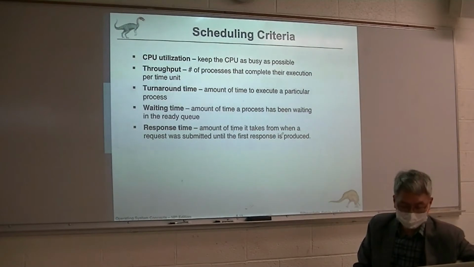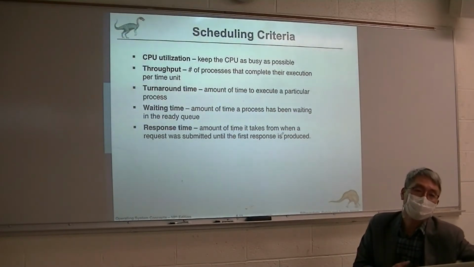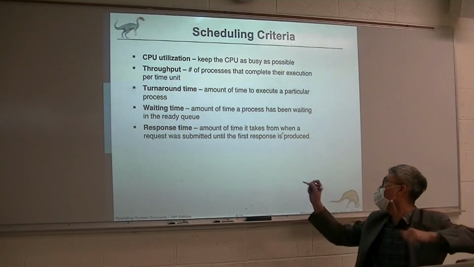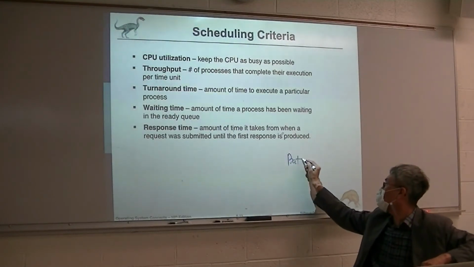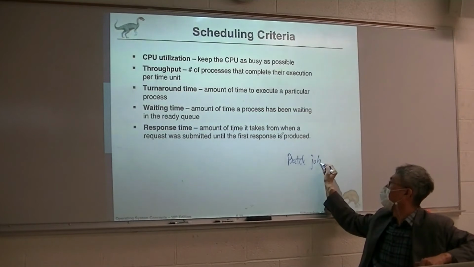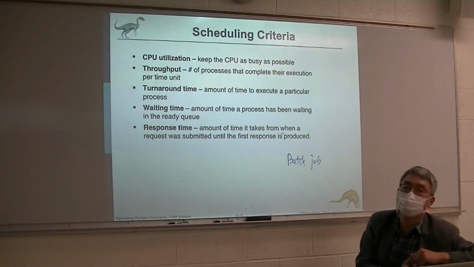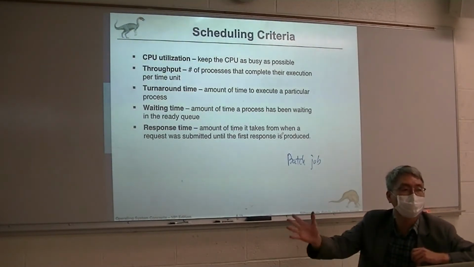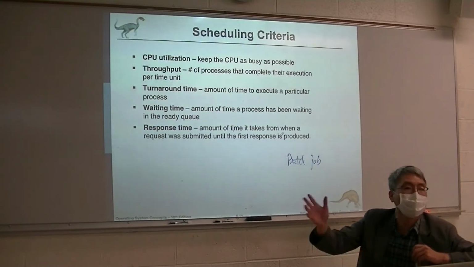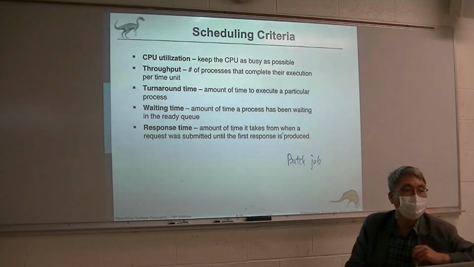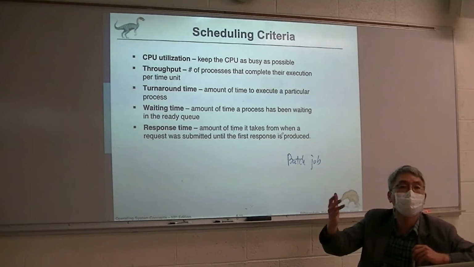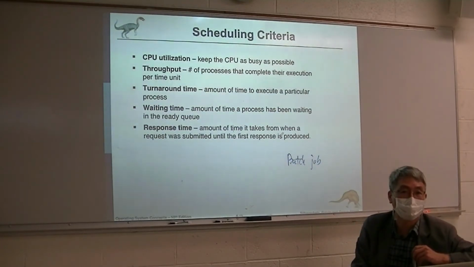Throughput is the number of processes completed. Specifically, if your operating system focuses on batch jobs, who uses such throughput? Think about the conveyor belt in the automobile industry. They only check how many cars are produced every day.